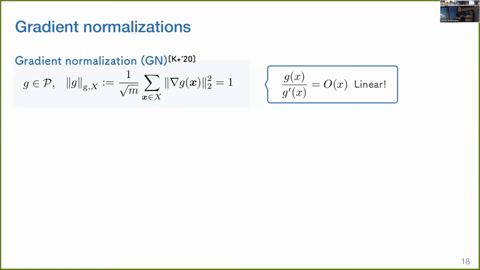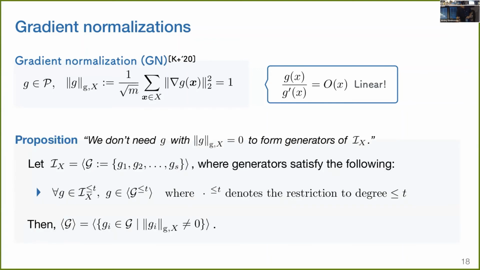And another intuition for this normalization is that you divide your polynomial g by its derivative, so it gives some linear behavior, which relates to the property I will introduce shortly.